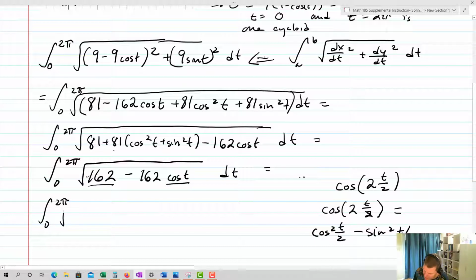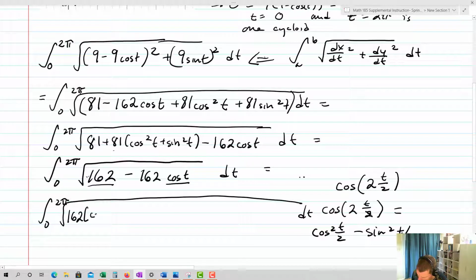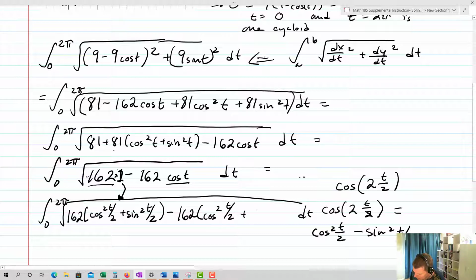I'll replace this, and it's a little bit of long writing: I get 162 times (cosine squared t over 2 plus sine squared t over 2), and that's to replace the 1. So this is 162 times 1, minus 162 times (cosine squared t over 2 minus sine squared t over 2), dt.